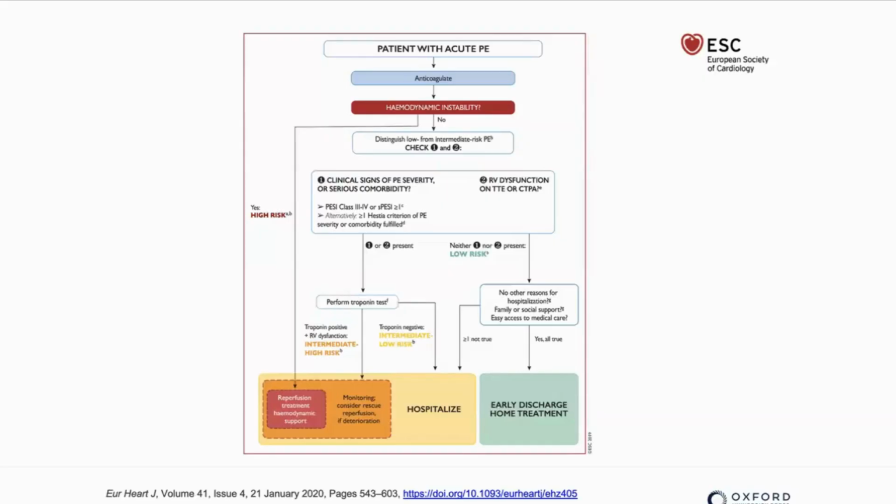Other questions we have in the chat are, what are your thoughts on high sensitivity troponins? I do like them in this scenario because with PE, right, not only are you getting a lot of tests to corroborate your other tests, but you'd rather be more sensitive than specific, in my opinion, with these tests, because the fact that you're getting many tests outweighs or cancels out any sort of low specificity you're getting.